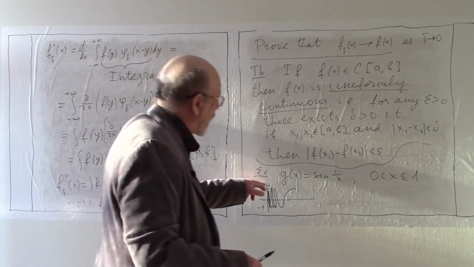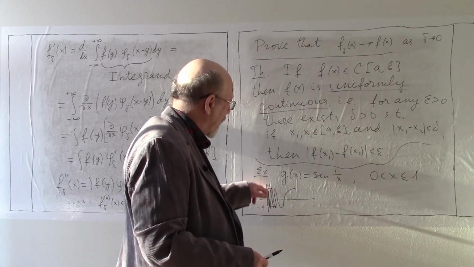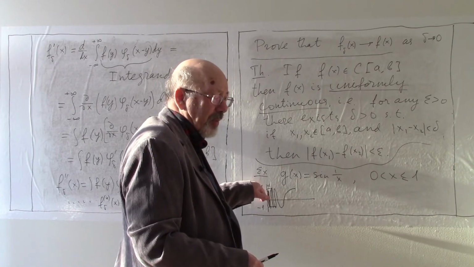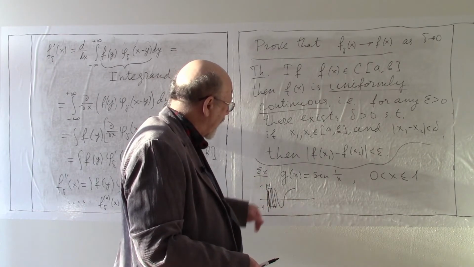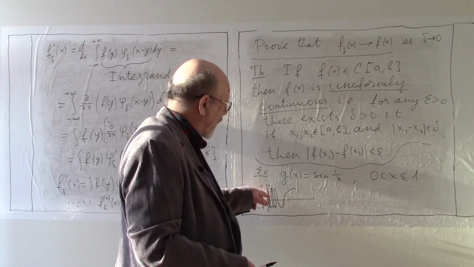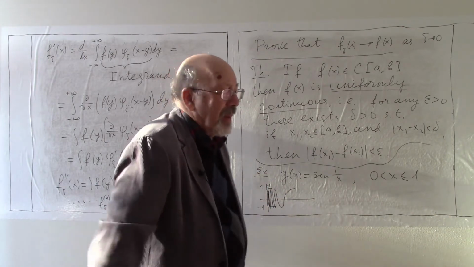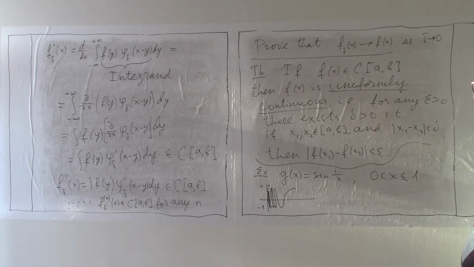Here the distance between two, say, maxima goes to 0, and so given arbitrary delta, we can find an interval close to 0 such that on this interval we have more than one such oscillation. So on this interval we can find 2 points where the difference is equal to 2, for example. We take a point of maximum and the next minimum. We have this condensation of oscillations. So this function is not uniformly continuous.